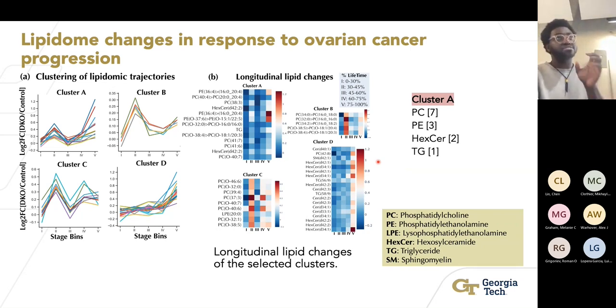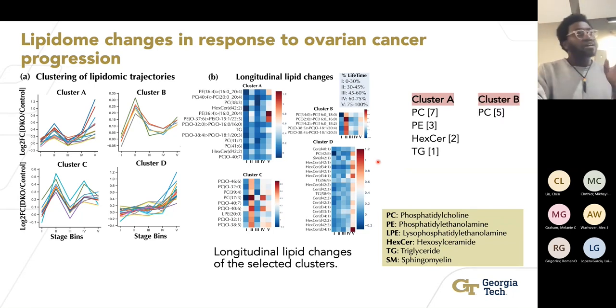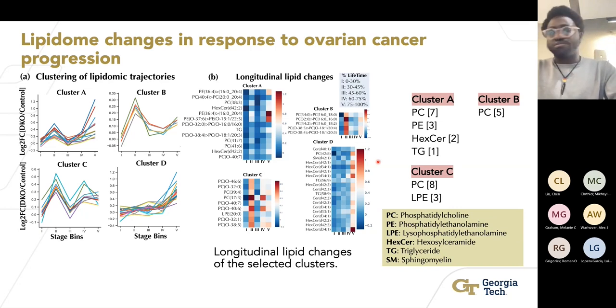They are the predominant lipids present in this cluster. In cluster B, they contain only phosphatidylcholines. In cluster C, it contains PCs, phosphatidylcholines, and a degradation product of PE.